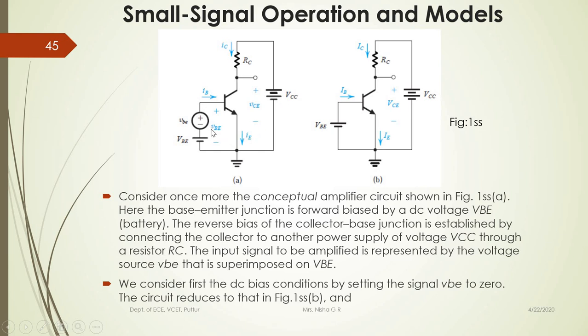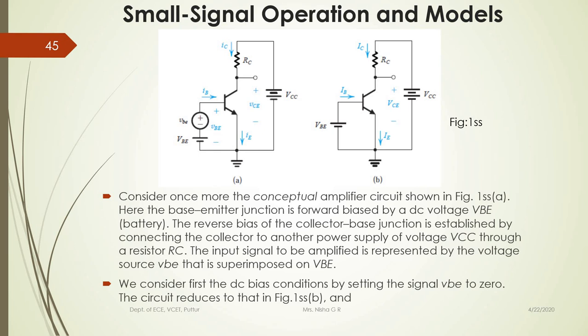Here, as I told, we are going to apply the small AC signal, that is vbe. Along with that, the DC bias voltages are VBE and VCC, the bias voltages for the emitter base and collector base. What is my requirement? My transistor should work in a linear region, the active region. There are two junctions in a transistor, emitter base and collector base.